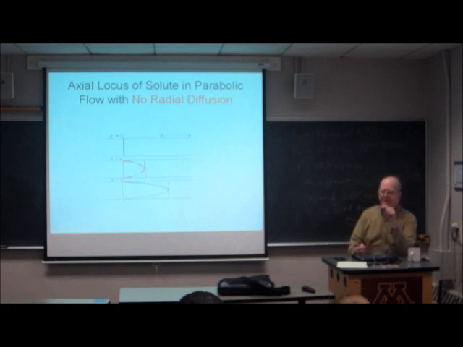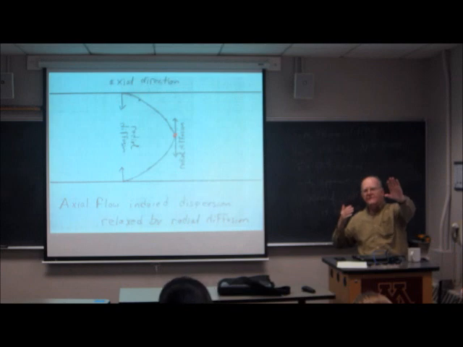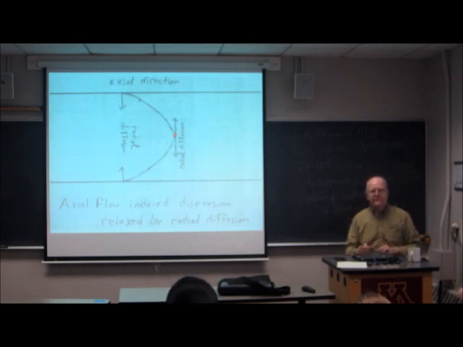We are saved by radial diffusion of the solute molecules. What's going to happen is that these solute molecules here in the front of the profile are going to look radially towards the walls, and they're not going to see any other molecules of the same type. There's the concentration gradient, right? What has to happen?